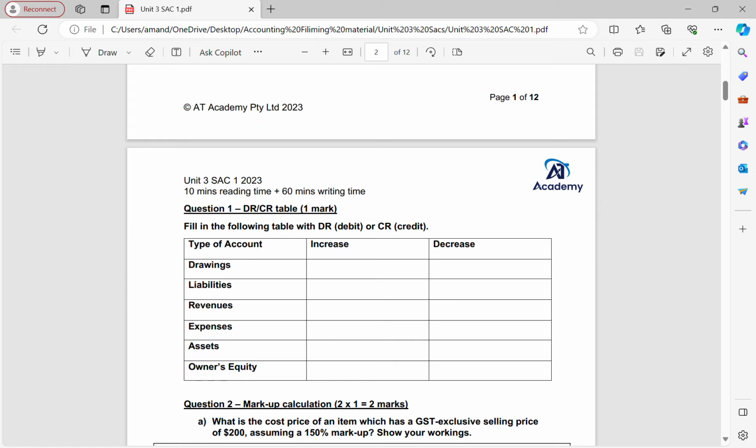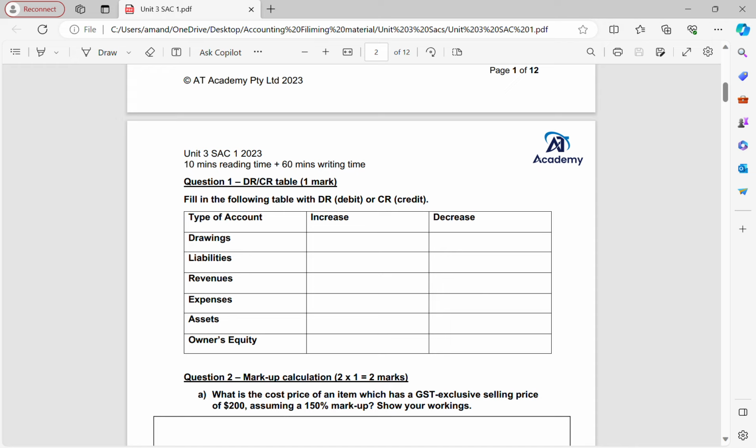Question 1. It is the debit and credit table. Fill in the following table with debit and credit. This is like the basics of accounting, and I think everything in accounting comes from this debit and credit table.